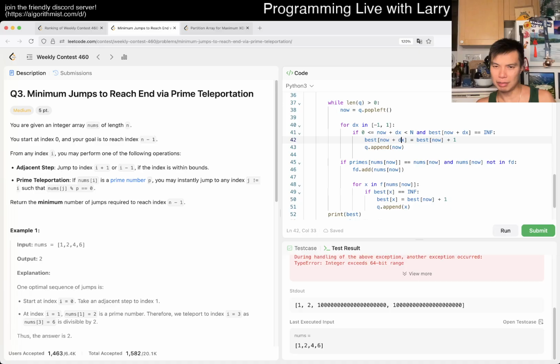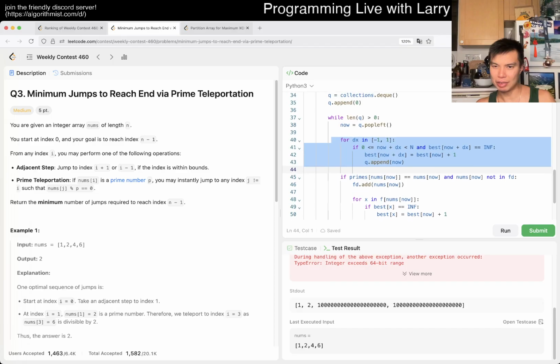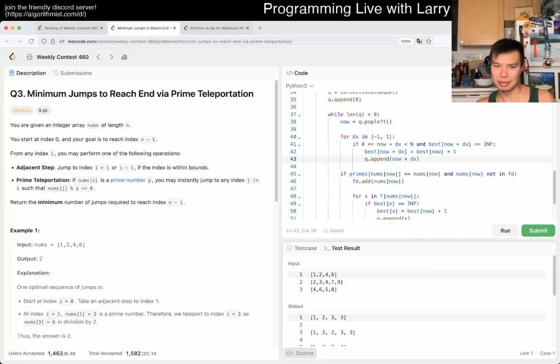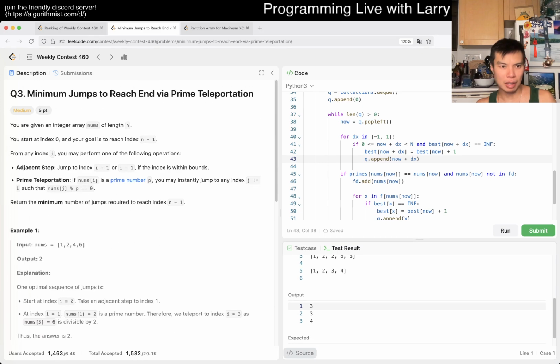So why is this not working? 2 goes to, I mean, nothing else, this should work, right? Now plus dx, now plus dx. Oh, now plus dx. Yeah, okay, well, there you go. 3, 3, 4. I mean, it's wrong, but maybe I'm just off by 1 number of jumps.